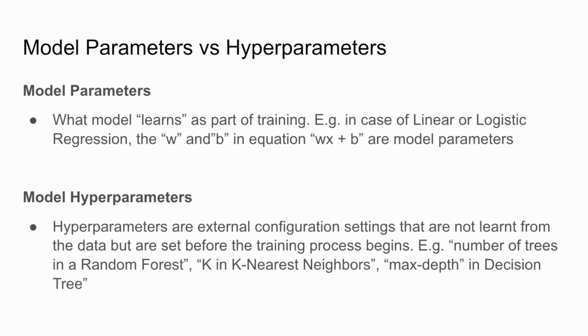This is called parameter tuning. Whereas hyperparameters are external model settings that are not learned from the training data. For example, how many trees we choose for a random forest, or the choice of k in k nearest neighbors. As these settings have a significant impact on the performance of the ML model, it is important to know the do's and don'ts when it comes to tuning hyperparameters.